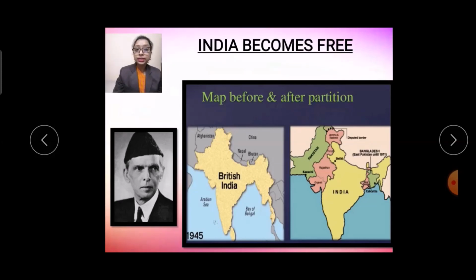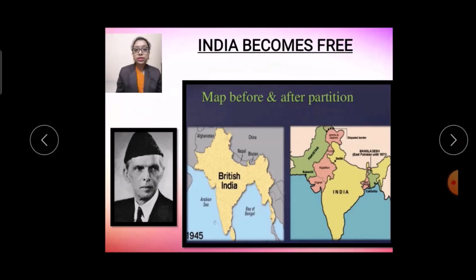Yes, it ended in 1945. For how many years was World War II going on? Let's count: 1939, 1940, 1941, 1942, 1943, 1944 and then 1945. So total how many years? World War II was going on for 6 years.